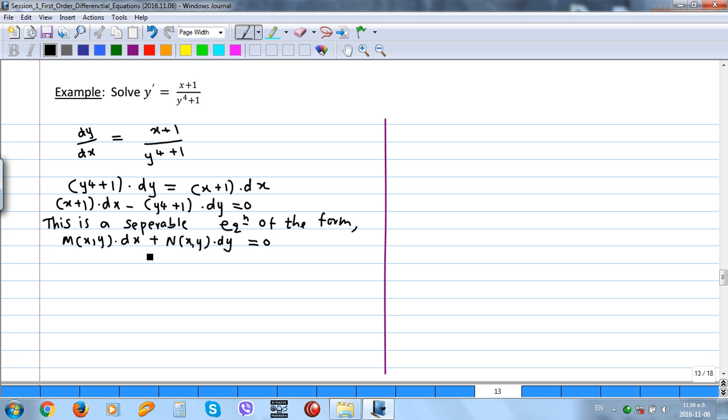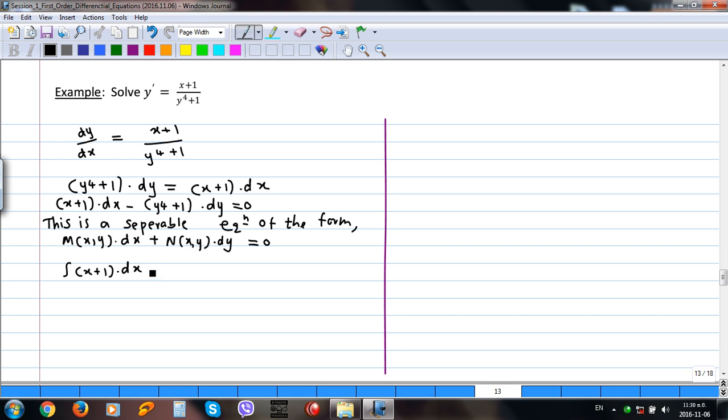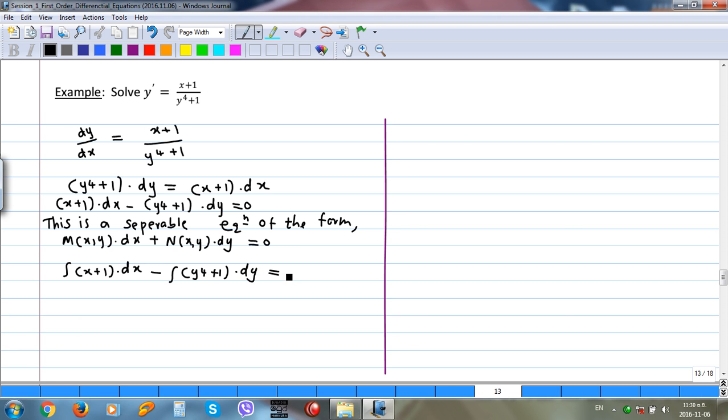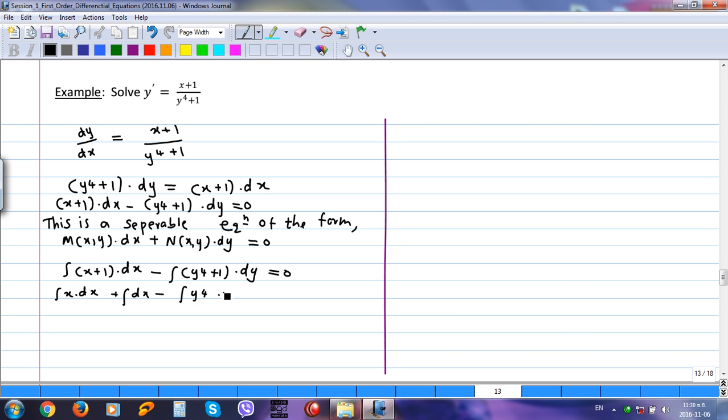So then we can integrate this one: the integral of (x + 1) dx minus the integral of (y^4 + 1) dy equals 0. So we can separately integrate x dx plus dx here, minus y^4 dy, and here also minus dy, equals 0.